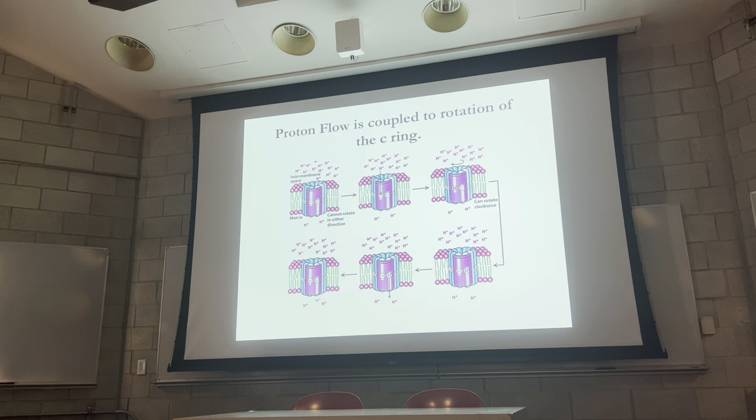So this is an image trying to show you how turning of the C ring will occur. We start here where a proton will enter the half channel of the A subunit and bind to the C subunit facing that half channel.